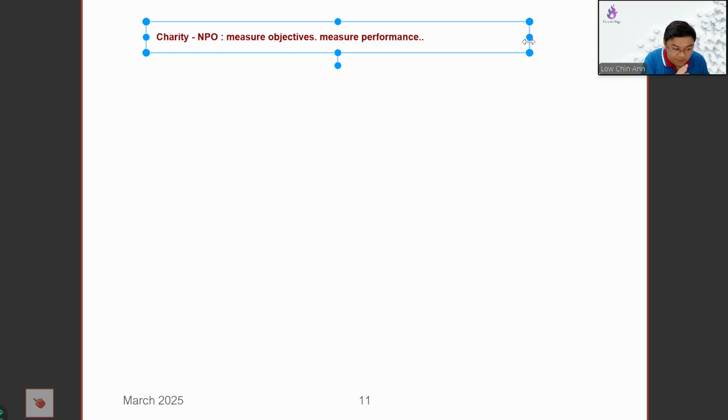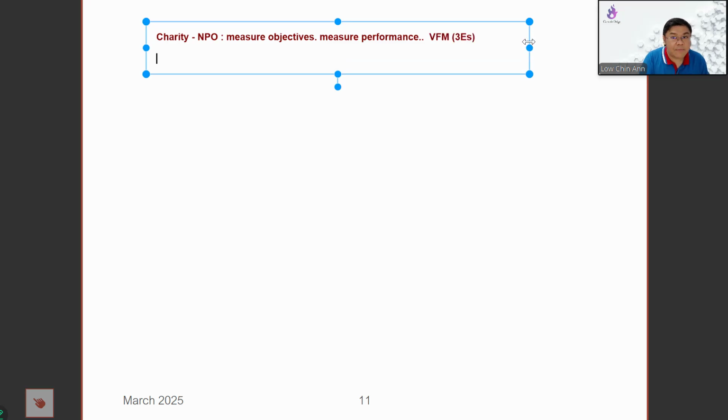So don't forget your value for money, the 3Es, because every time people donate money to you, they want to see how economical your spending is, how efficient your spending is, and how effective you are in achieving your objectives. So always bear in mind that this is one of the key aspects of an NPO or charity.